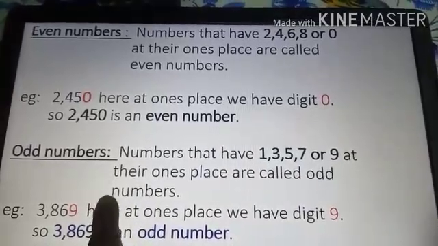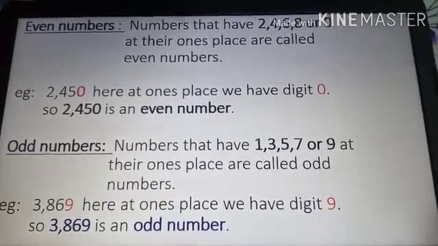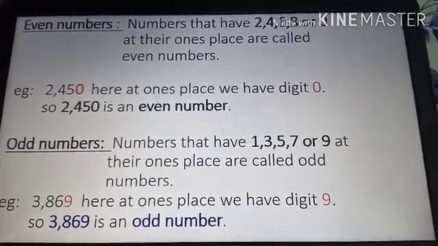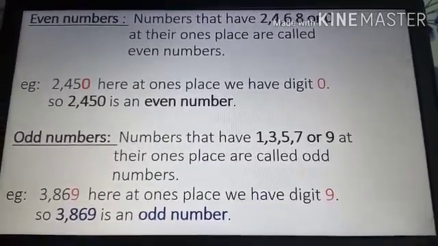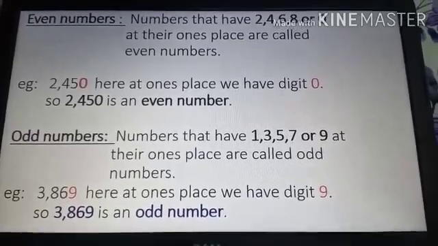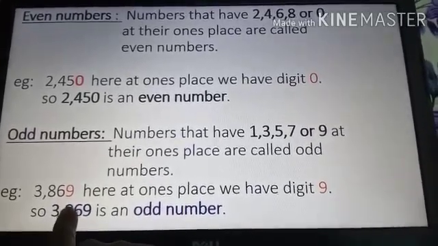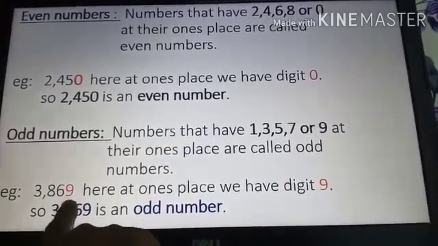Now at the same time we have to revise odd numbers. Numbers that have 1, 3, 5, 7 or 9 at their ones place are called odd numbers. Again I will explain with an example. Suppose we have the number 3869. What digit is there at the ones place? It is 9.